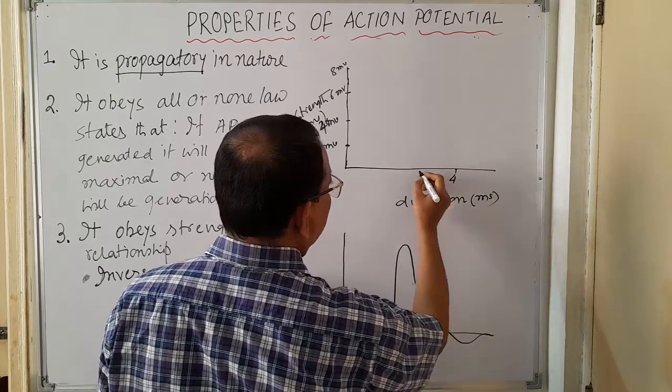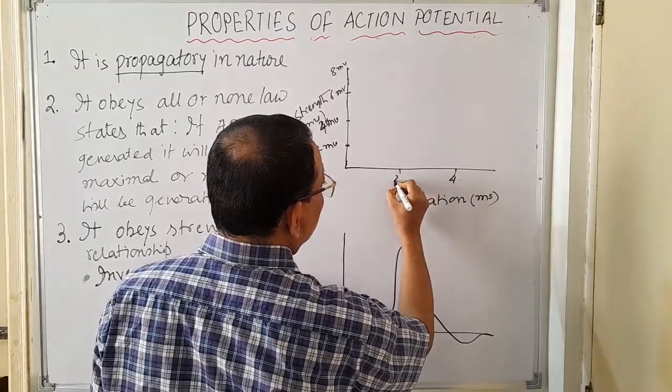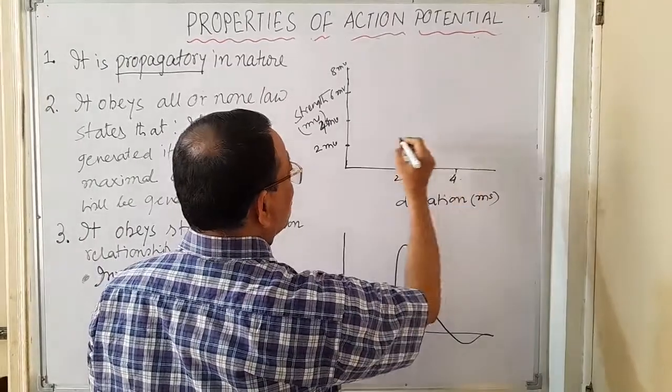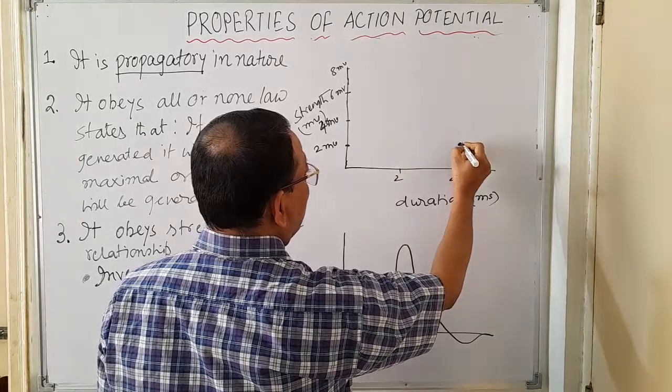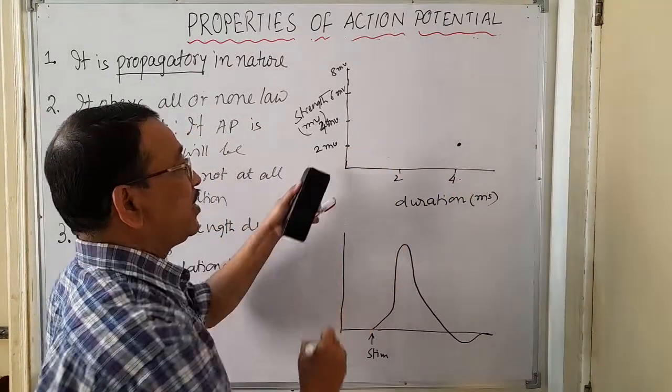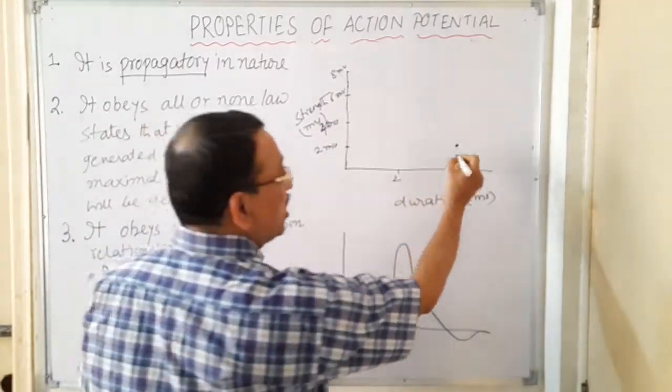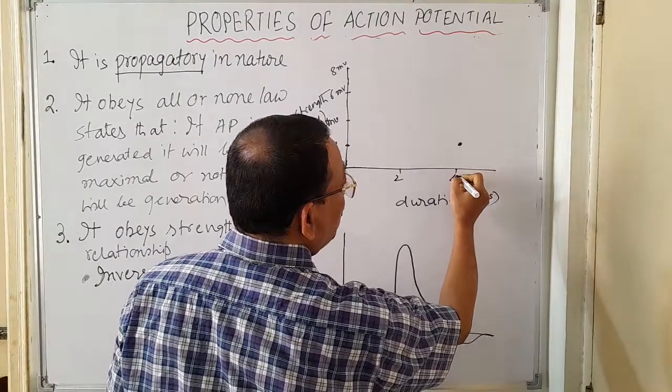This is 4 milliseconds. This is 2 milliseconds, suppose. So if the threshold intensity is 2 millivolt, then the duration requirement is 4 milliseconds.